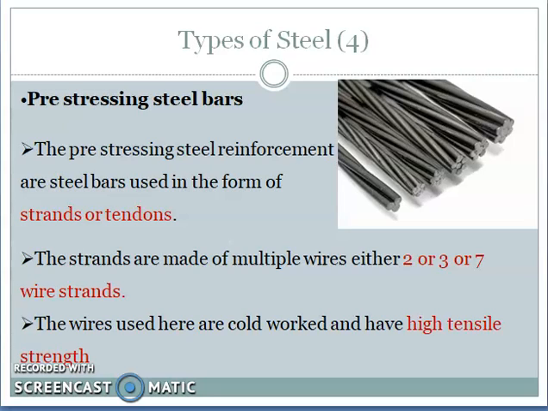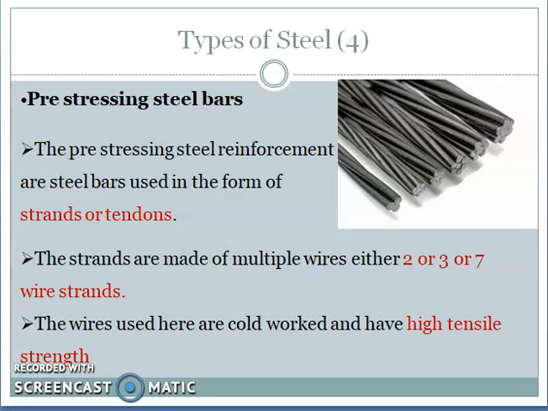Next is pre-stressing steel bars. There is a concept of pre-stressing which is highly used in recent years in construction. We will be covering this concept of pre-stressing in Unit 4 in detail. So basically there is a different type of steel reinforcement that is used in the process of pre-stressing.